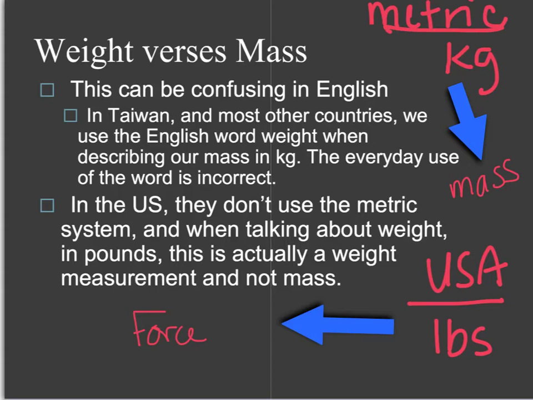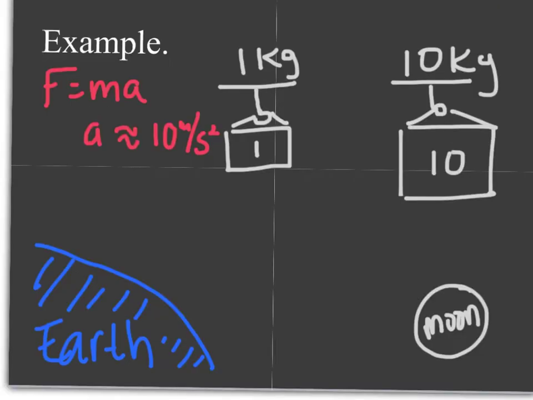So I'm going to give you one more example now of weight versus mass to really solidify the difference. We're going to look at our 1 kilogram box and our 10 kilogram box again. Okay, so we have them here. And now just to make things a little simpler, I'm going to round our acceleration due to gravity to 10 meters per second squared. And we still have our equation.